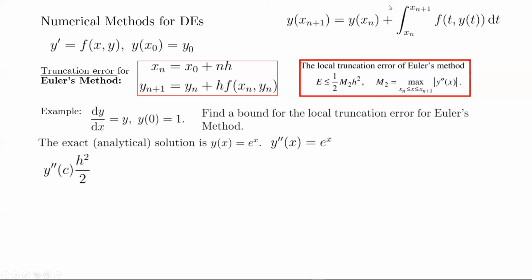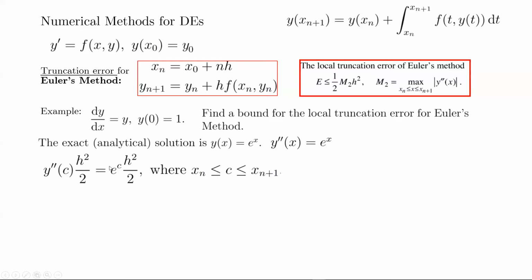So my local truncation error is y double prime evaluated at some point C times h squared over 2, or I could write that as e to the power of C times h squared over 2, where C is some number between xn and xn plus 1.